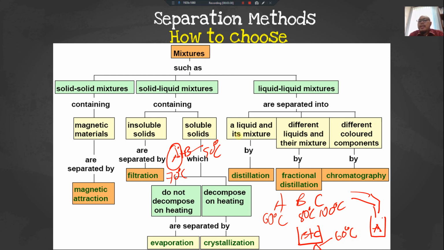So that is what it means by separating a liquid from its mixture. It means that you target only a group of analyte while you leave the others together.